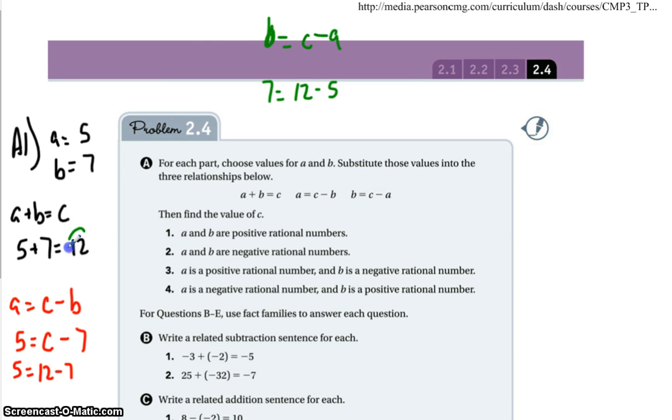And remember that C is 12. So is 7 equal to 12 minus 5? 12 minus 5 is 7. The relationship works. So there you go. That would be a fact family relationship. So A1 is a fact family relationship.